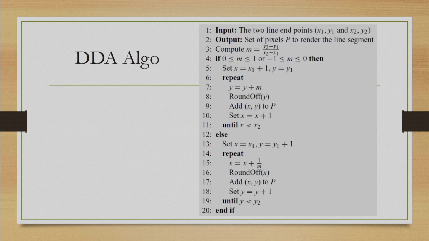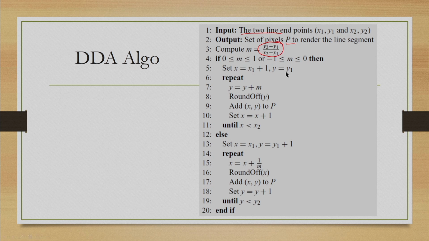So, the complete algorithm is shown here. The input is the two endpoints, and the output is the set of all pixels that are part of the line. So, we compute m.